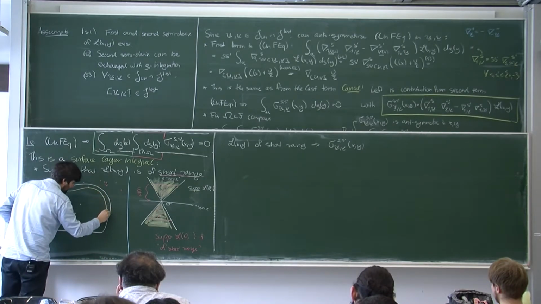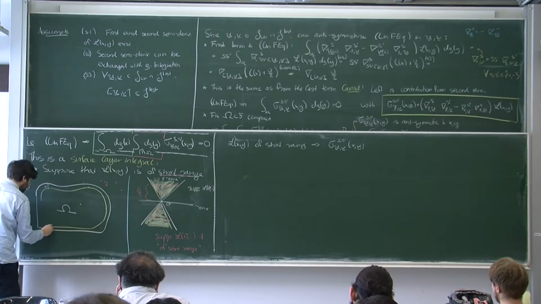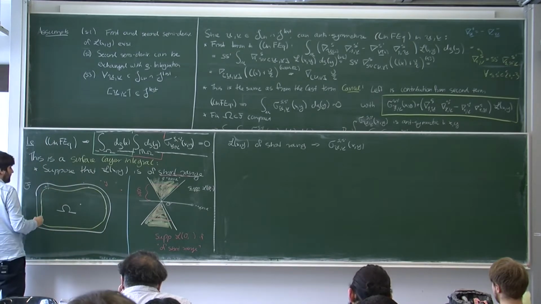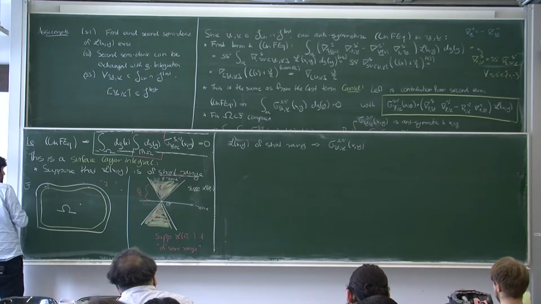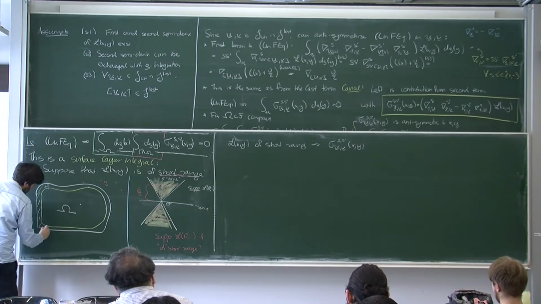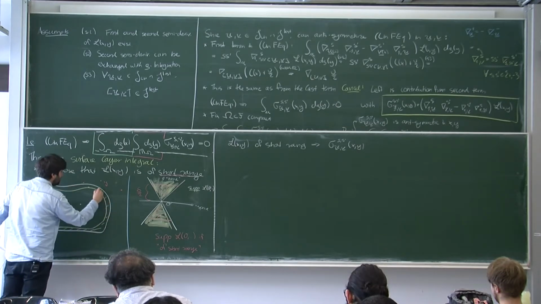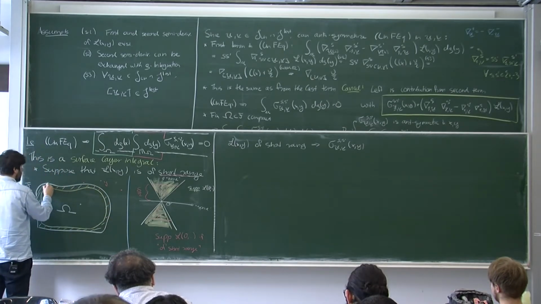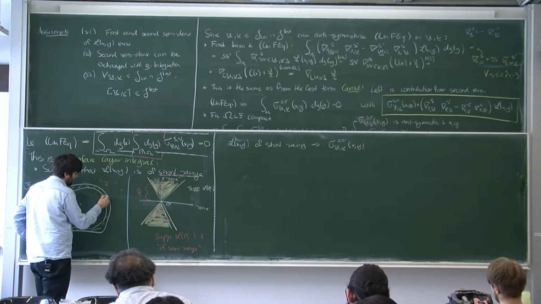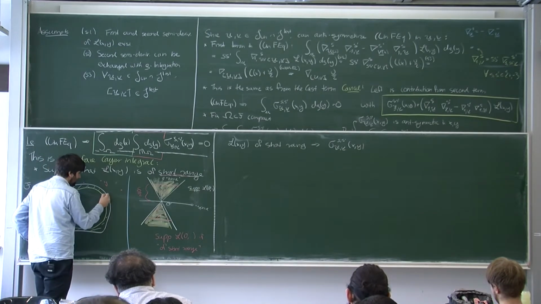So this is basically where x can be, because otherwise there cannot be a contribution, because the distance to y is larger. And in fact, this would be delta.